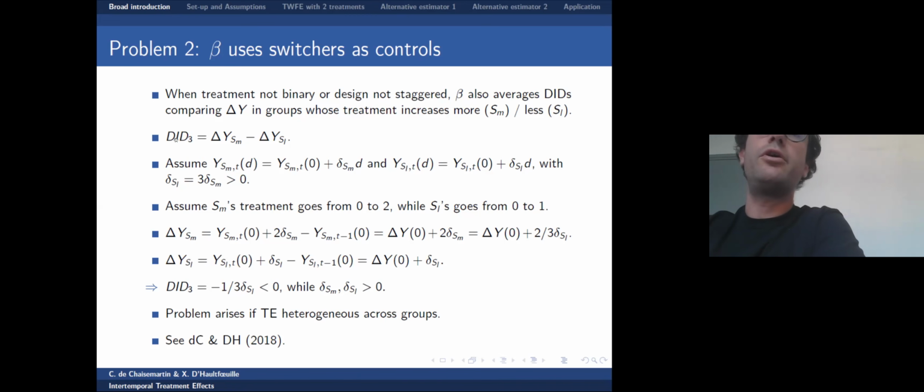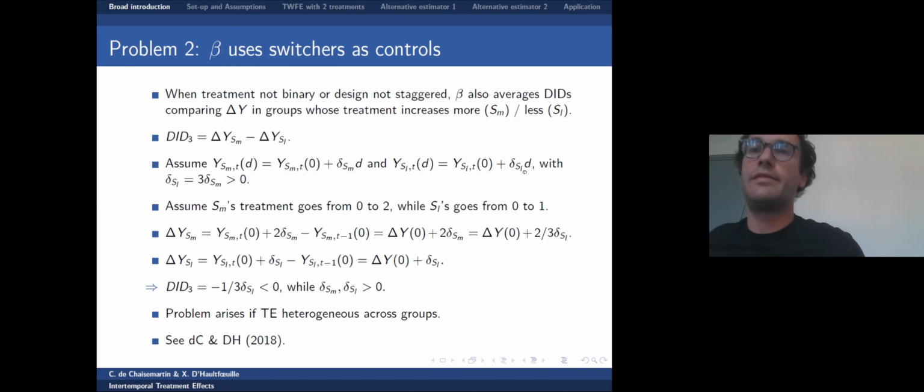So this third type of DID, DID3, compares the outcome evolution of the switching more and the switching less. To simplify, let's assume that the potential outcomes follow a linear treatment effect model where the treatment effect in the switching more groups is captured by this slope delta SM and by this slope delta SL for the switching less groups.